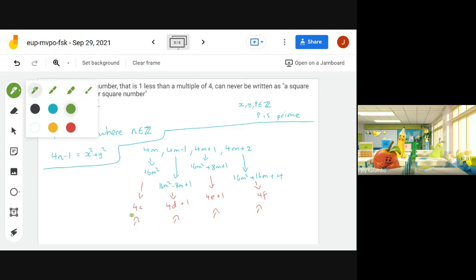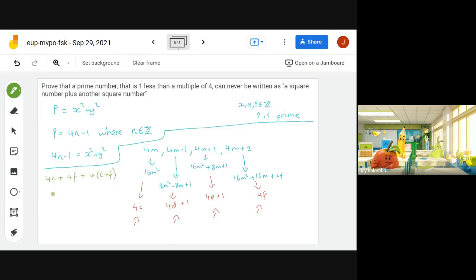Because either you can do this multiple of 4 plus a multiple of 4, but the multiple of 4 plus a multiple of 4 is just going to give you another multiple of 4, right? That's the same thing as 4 lots of c plus f. Another combination we can look at is a multiple of 4 plus a multiple of 4 plus 1.